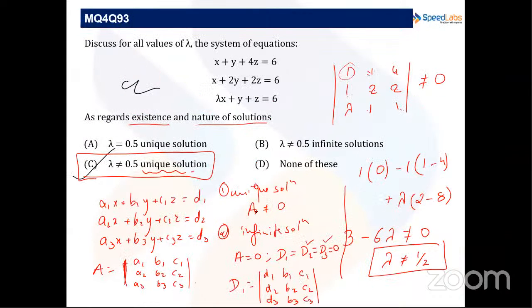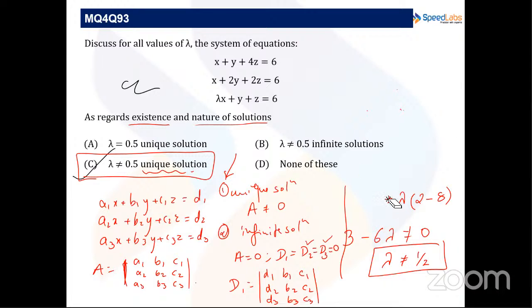Okay, this was Cramer's rule and I am writing this rank method in here. You all know Cramer's rule? Okay, that's good.